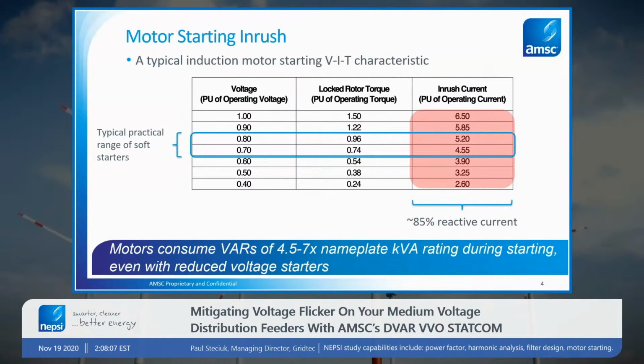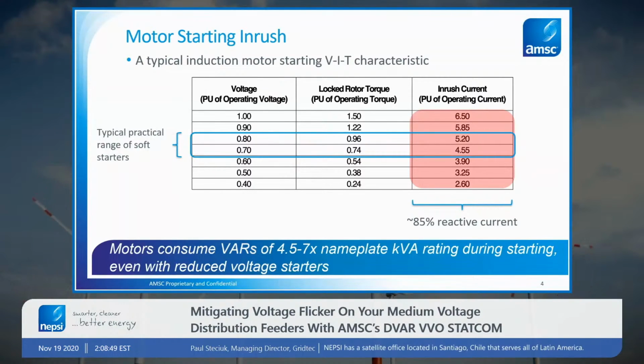Another key attribute of the induction machine physics that we can see from this table: if we look at the starting voltage, a very common technique to feather the torque of an induction machine is to reduce the voltage on it. Unfortunately, that's not a very effective technique to reduce inrush current. Typical reduced voltage starting is in the 70 to 80% remaining voltage range, and that still results in about a 450% reactive current inrush.